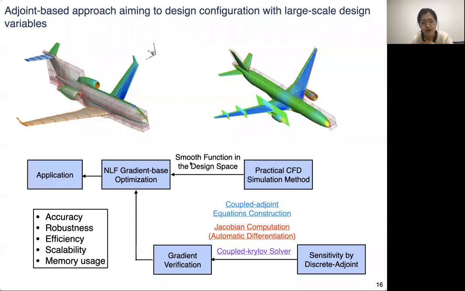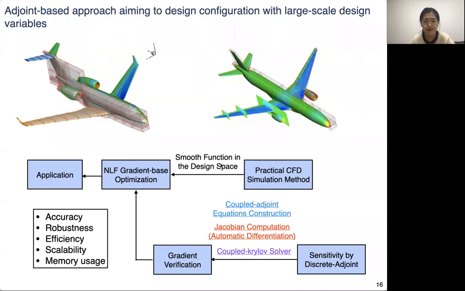However, most of the studies freeze the transition modeling, which would reduce the gradient accuracy and affect the final optimization. There are some other studies which consider the transition models, but they are mainly developed for 2-dimensional cases and use finite differences or complex steps in developing the coupled adjoint code, which is inaccurate and inefficient.